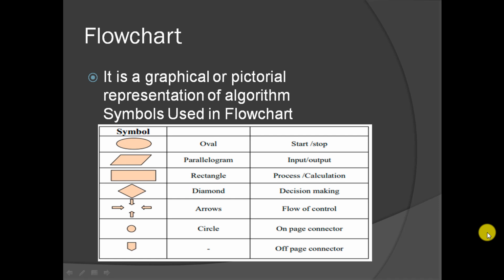And the fifth one is the circle, and the seventh one is the off-page connector. You can call it a reverse pentagon or something. These are called the on-page connector and off-page connector. So what do we mean by on-page connector?